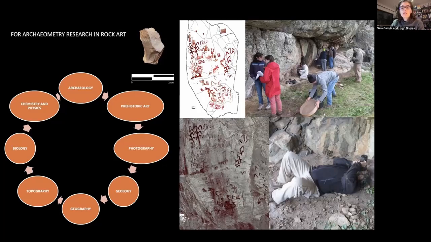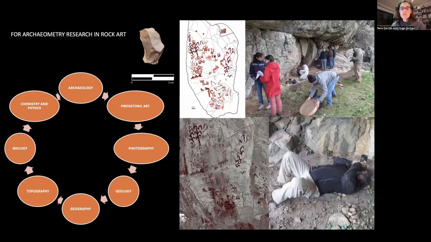So it's not only taking into account that we are talking about archaeological sites, but we have to work on prehistoric art questions. We have to know about photography. We have to have geologists in our team. This is a very important aspect.